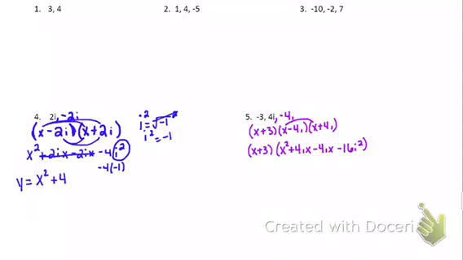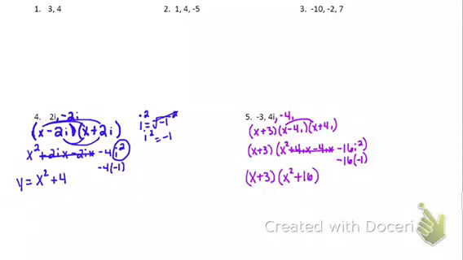So we can cancel out our 4ix's, and then again we said that i squared becomes negative 1. So 16 times negative 1 is positive 16. So then I get x plus 3 times x squared plus 16.